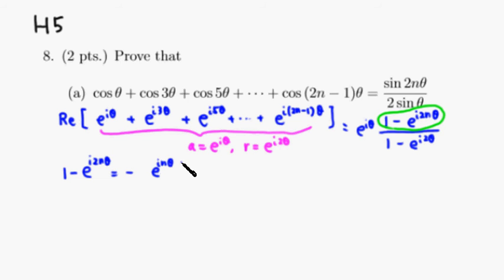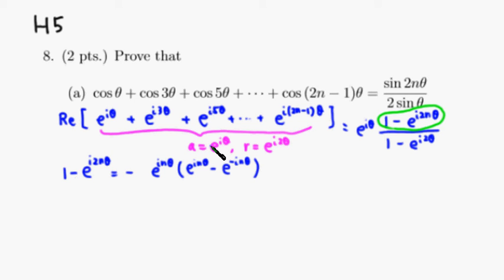If you pull out the negative e to the i n theta from 1, you get the negative e to the negative i n theta. You can double check: if you multiply these together, negative times negative makes it positive, and these are reciprocals of each other, so it gives you 1. If you factor negative e to the i n theta from negative e to the i 2n theta, you get e to the i n theta.